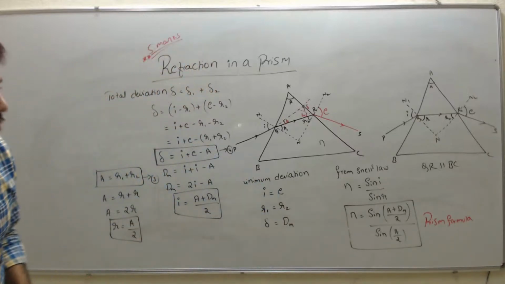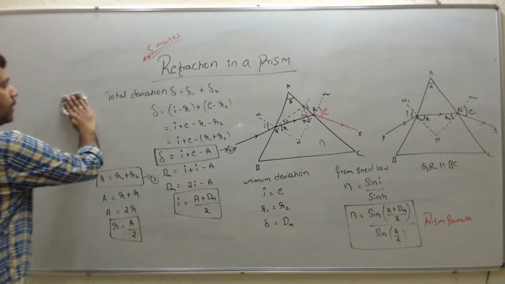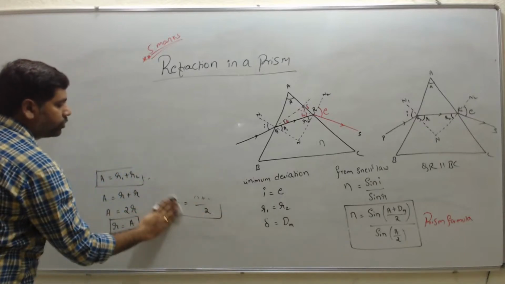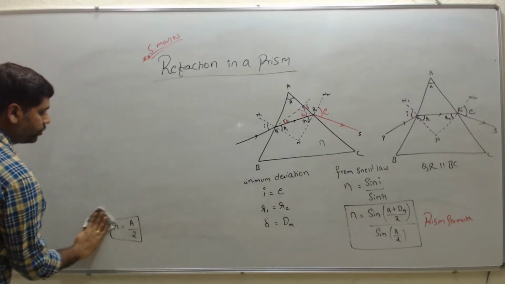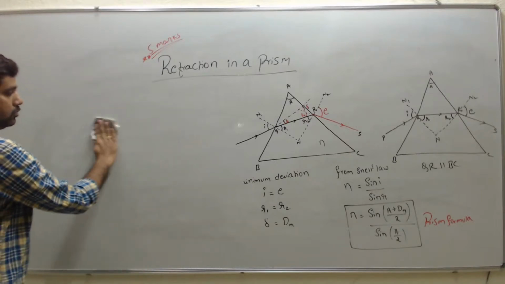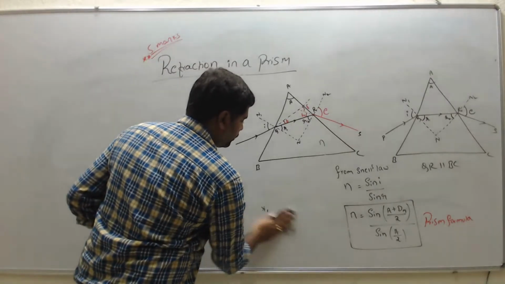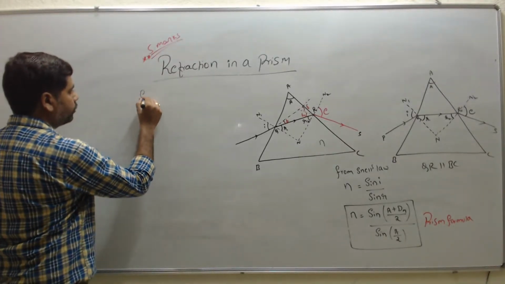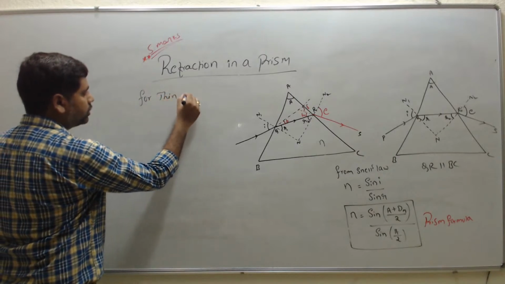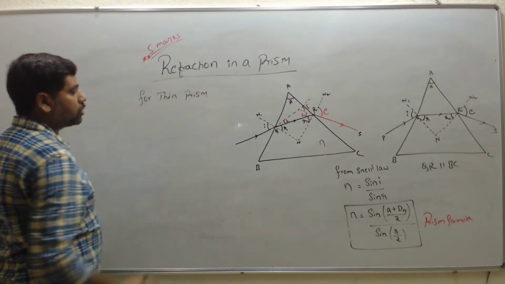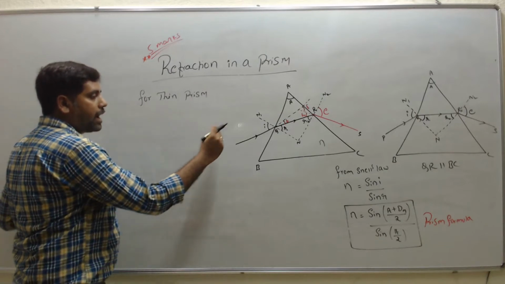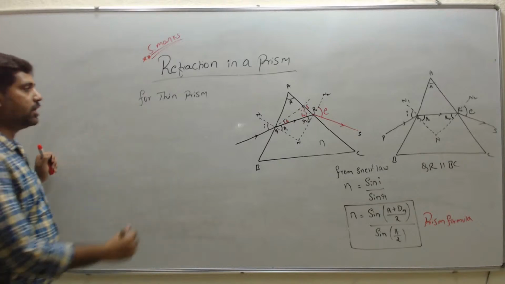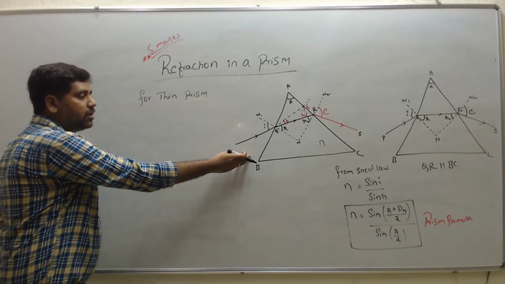So next, for thin prism, the angles we take are almost equal, that is small angles. That is for considering this one as a thin prism.